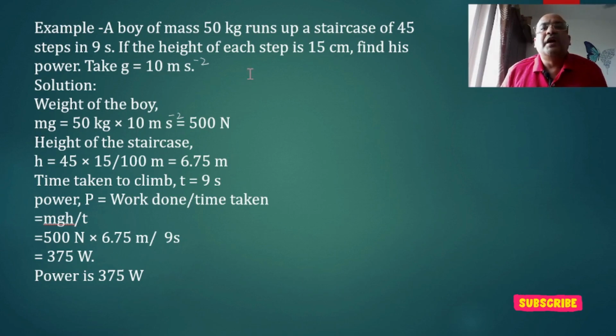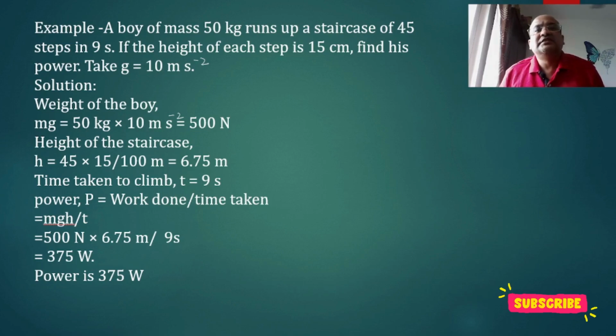A boy of mass 50 kilograms runs up a staircase of 45 steps in 9 seconds. If the height of each step is 15 centimeter, find the power. g is given as 10 meter per second square.